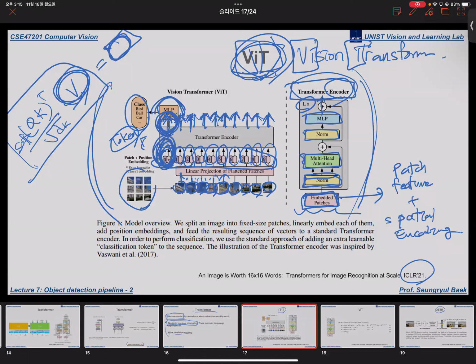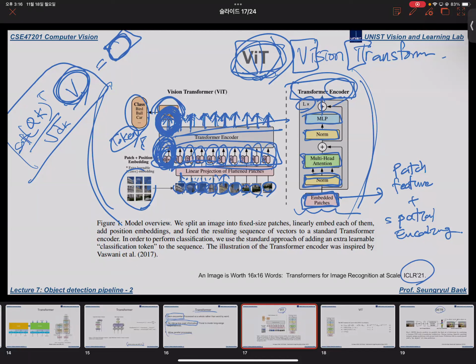So we have to reserve one output for getting such information. Here we are expecting such classification information is accumulated in this vector rather than the other outputs that correspond to each individual patch's input.